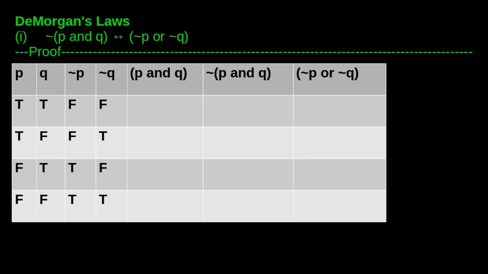All right, moving on. We want to compute the truth values of the statement P and Q. So it goes true, false, false, false. And this makes sense.